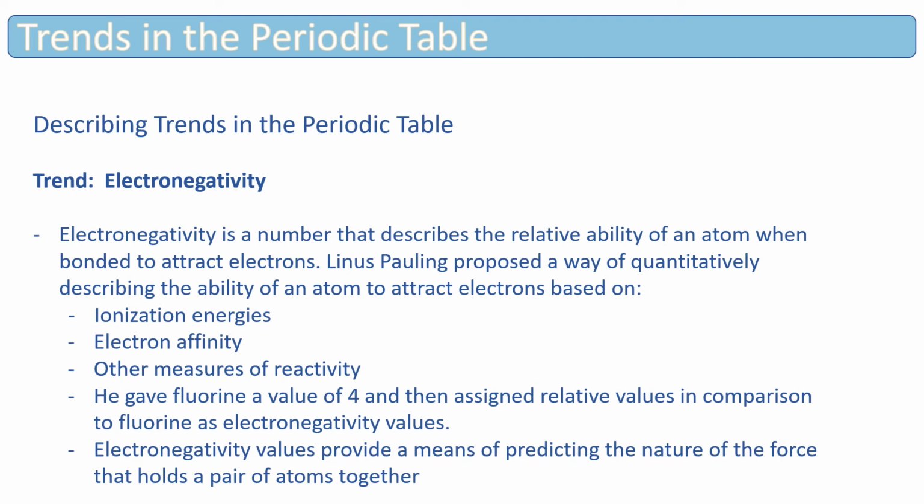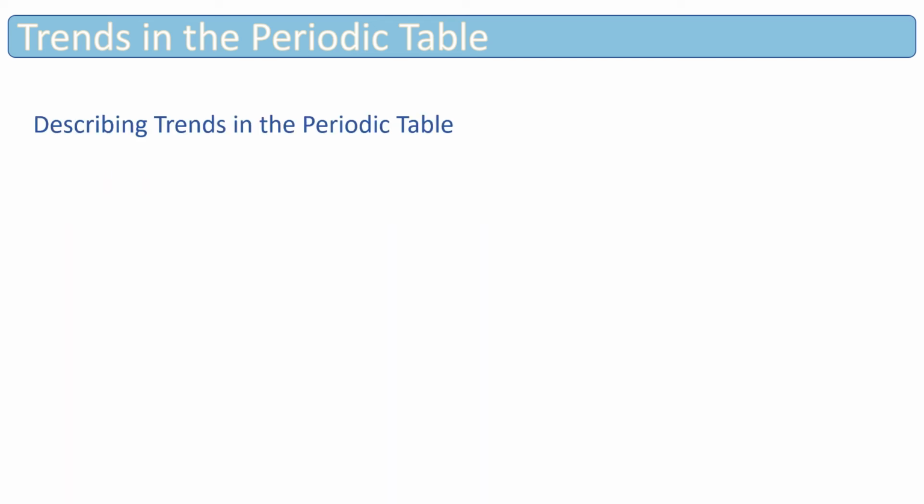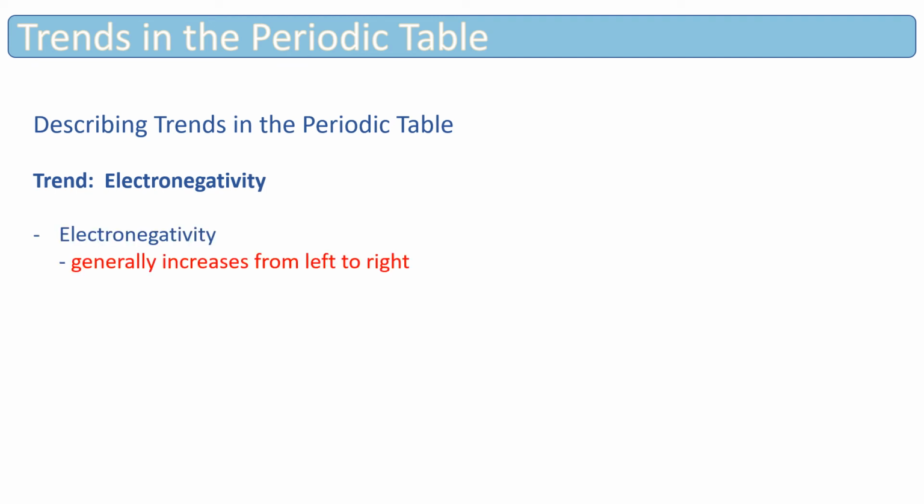Electronegativity values provide a means of predicting the nature of the force that holds a pair of atoms together. So let's take a look at the electronegativity trend.